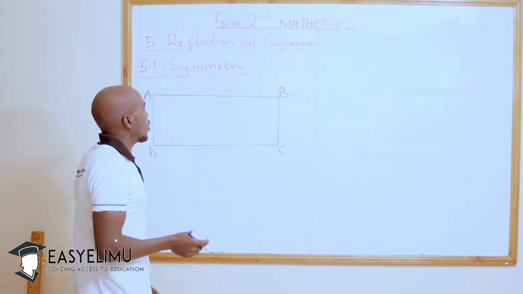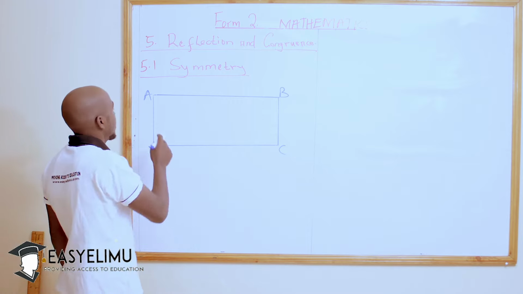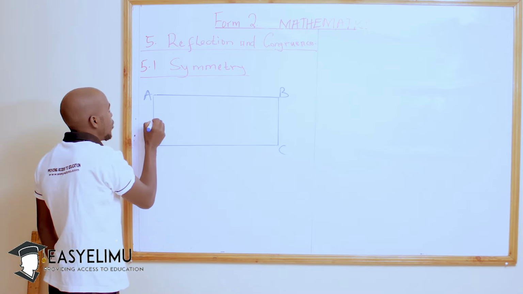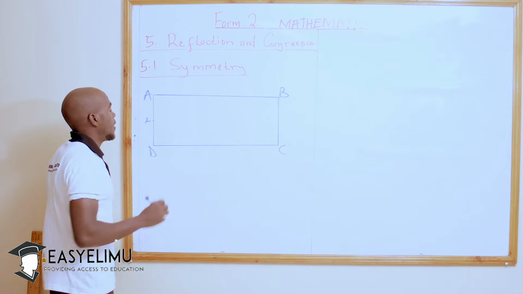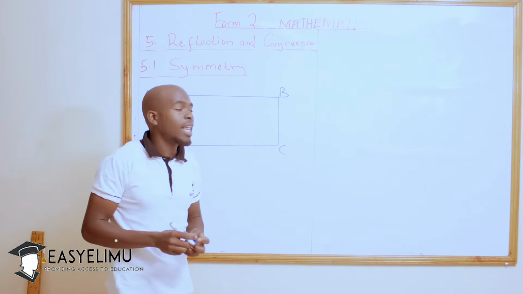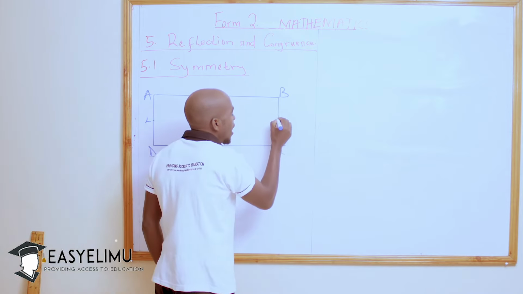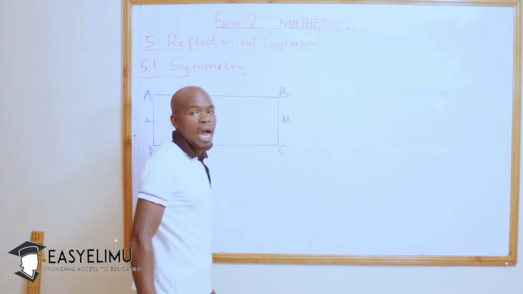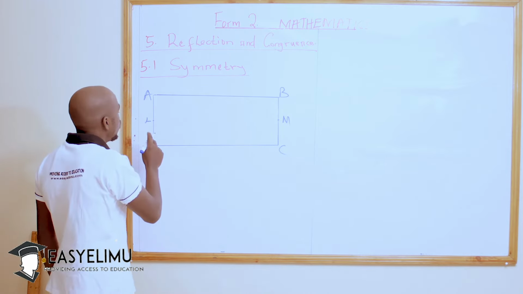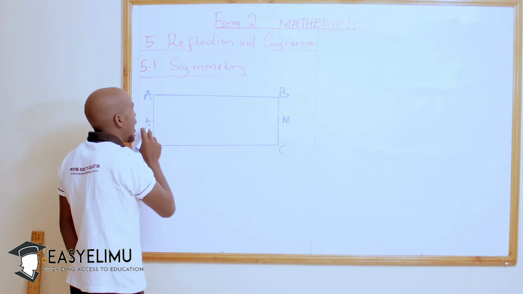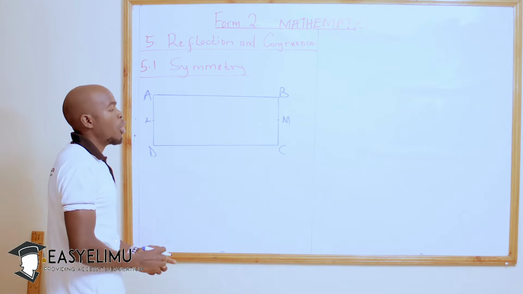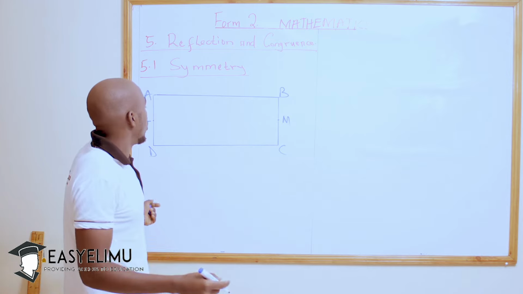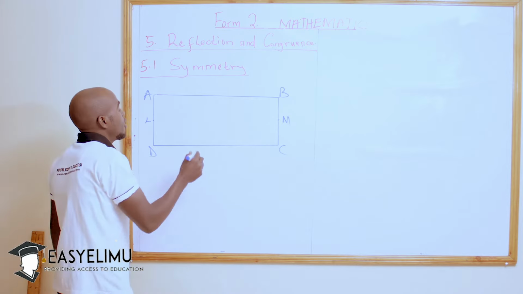If we construct a midpoint such that we have a midpoint of AD to be at this point and call that midpoint L, and that of BC to be here, the midpoint of BC, and we call it M. And also we join the midpoints L and M on the sides AD and BC respectively through the center of the rectangle.